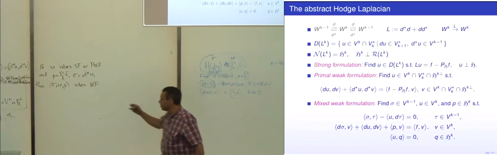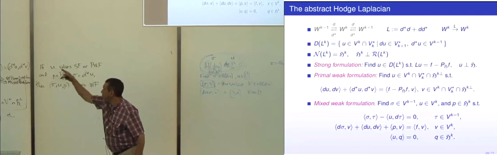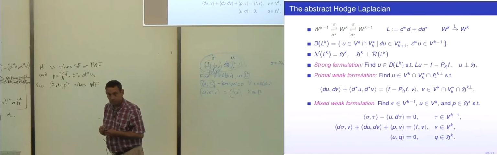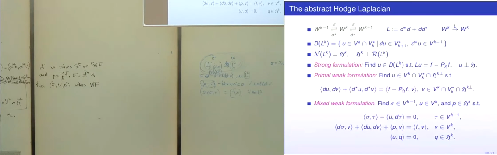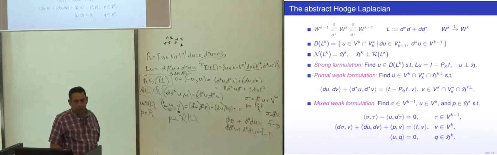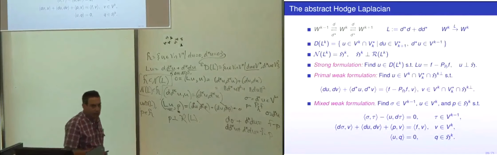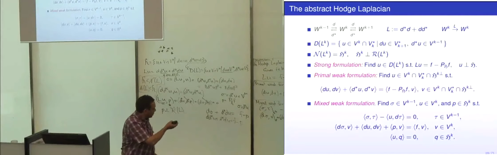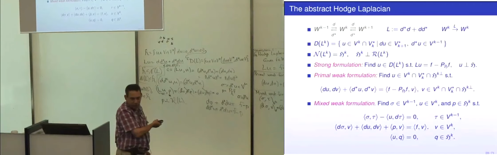And then vice versa, if (sigma, u, p) satisfies the weak form, then u solves the strong form. This is because the strong form is weakly defined. It's because it's defined through unbounded operators and domains and stuff. But I mean, it takes a proof, right? We have to show that this is true.